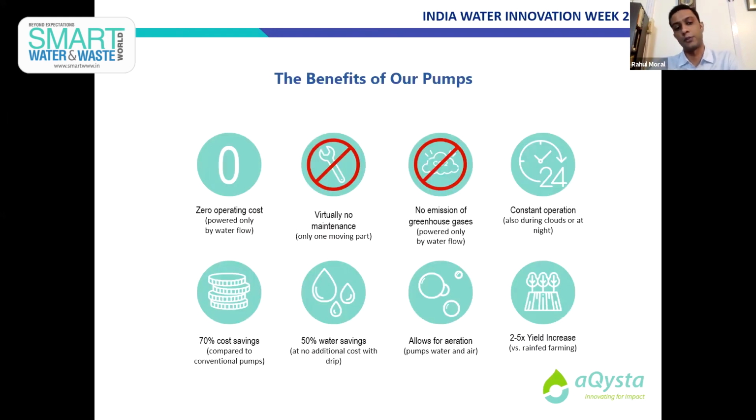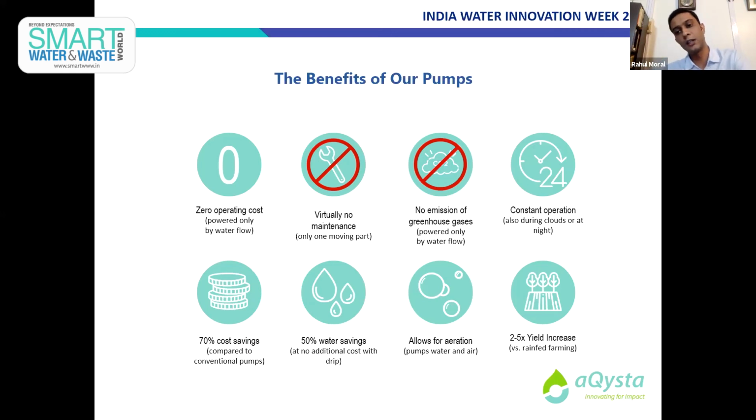The benefits of our pumps. Like I've been saying, zero operational costs. That is the first and the most important benefit of our pumps, because our target end user is basically going to be farmers. In our country, farmers don't have very good means to procure expensive items and have operational costs. So zero operating costs, that's very important.